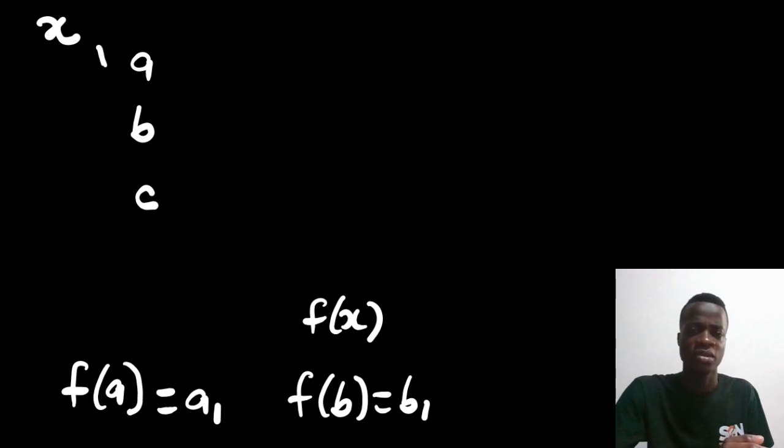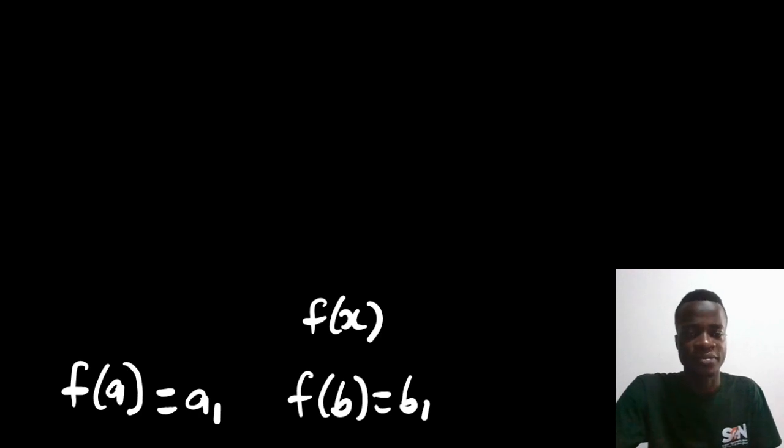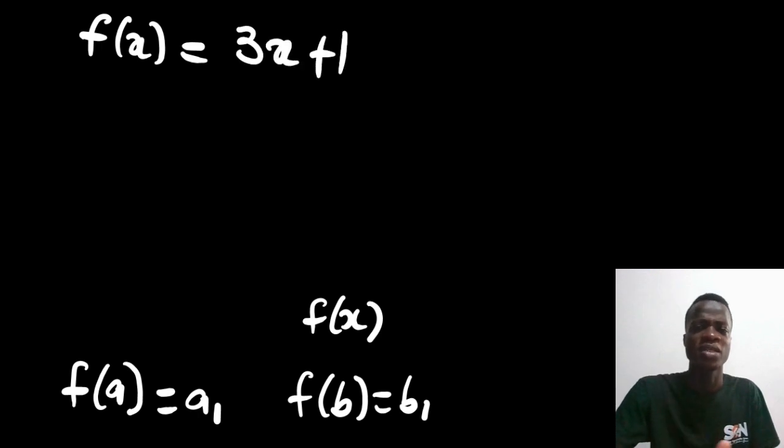Now see, if you have it given mathematically as f of x is equal to 3x plus 1, how will I know that this function is a one-to-one function? We are going to imagine an input. x is the general variable that we use for inputs, but we are going to consider an instance where a is a particular input.